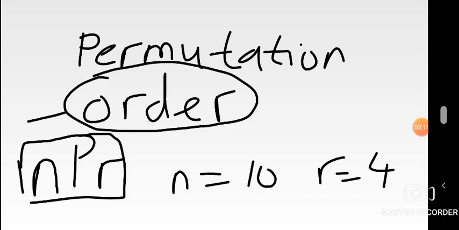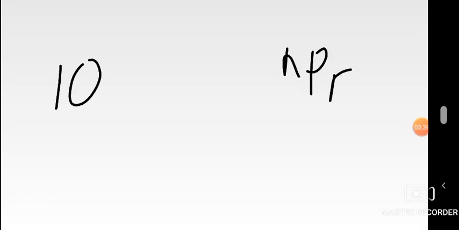So this is how you'll be putting these things on your calculator. First, press the number, if it's 10. Then press shift and press this detail in your calc.